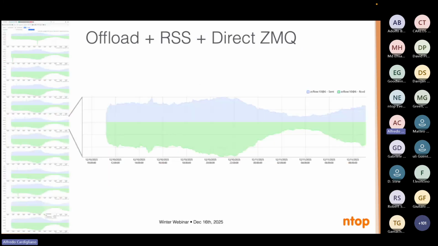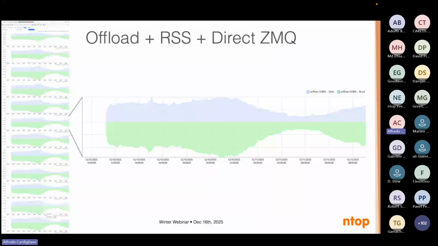Let me show you an example. In this example, we have nProbe Cento analyzing our 1 gigabit link with a Napatech adapter providing flow table offload. So the adapter is doing most of the processing. Then we are also using what they call streams, which is in practice RSS, receive side scaling, to distribute the load and deliver packets and flows to multiple streams in nProbe Cento, in this case 12 streams.